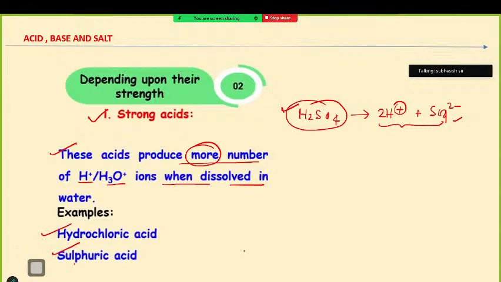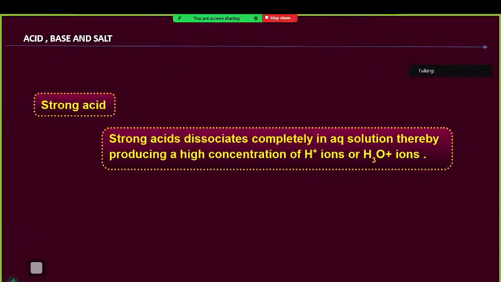Most of the inorganic acids are considered strong acids. These acids produce a greater number of H plus ions, and they near about completely dissociate with the formation of H plus ions. So strong acids dissociate completely in aqueous solution, thereby producing a high concentration of H plus ion or H3O plus ion. Concentration means how many moles per liter.